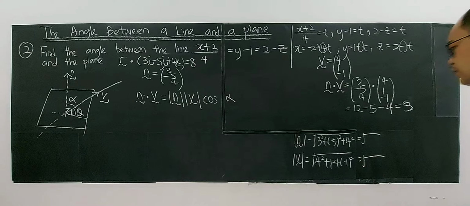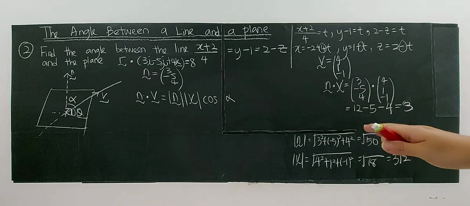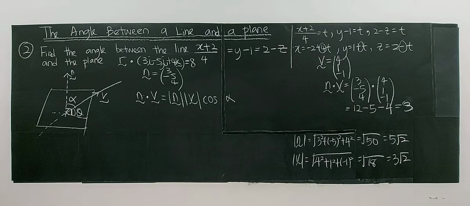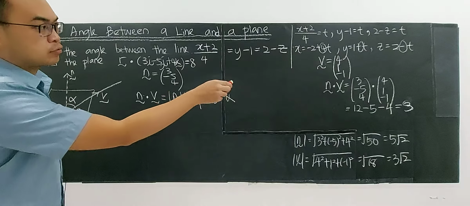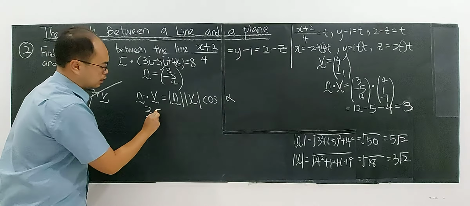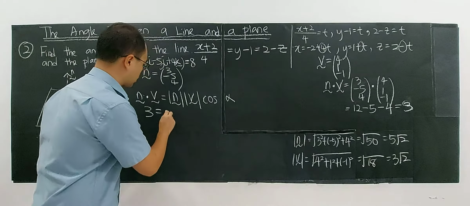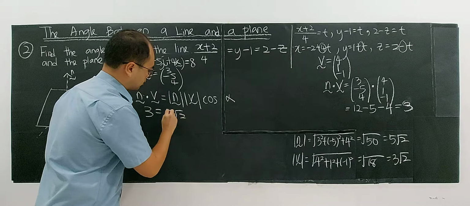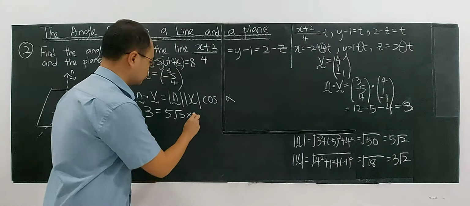Let's evaluate the values. After calculating, I get these two values and put them into my formula. So n dot v gives me 3, the magnitude of n is 5 square root of 2, and the magnitude of v is 3 square root of 2.